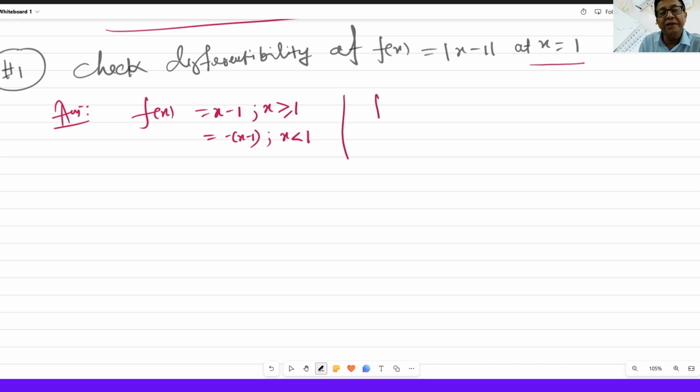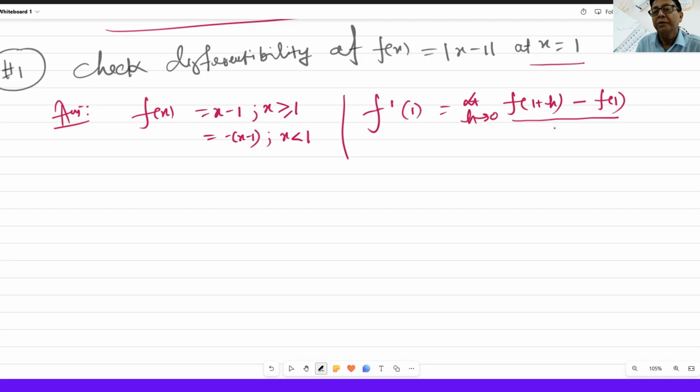Now let us define f dash 1. This is limit h tending to 0, f of 1 plus h minus f(1) by h.